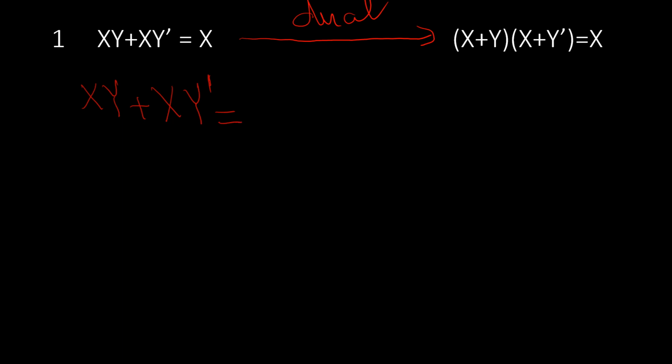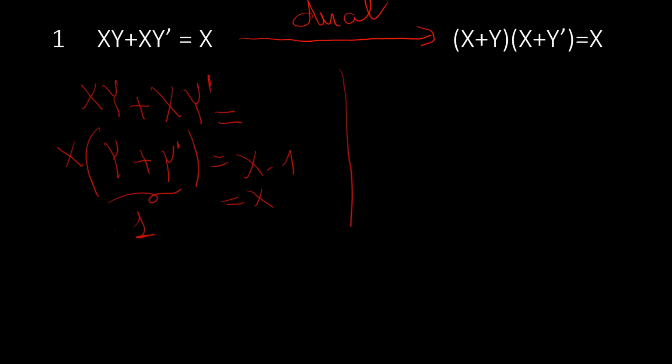Very easy, we can just take x as common factor. It will be y or y prime, right? So you need to remember y or y prime is equal to what? y or y prime is always equal to 1. So I have here x ANDed 1, which is equal to x. And this is the first part proved.